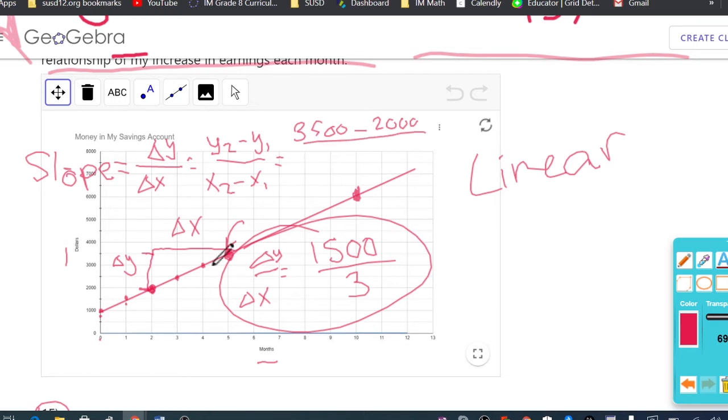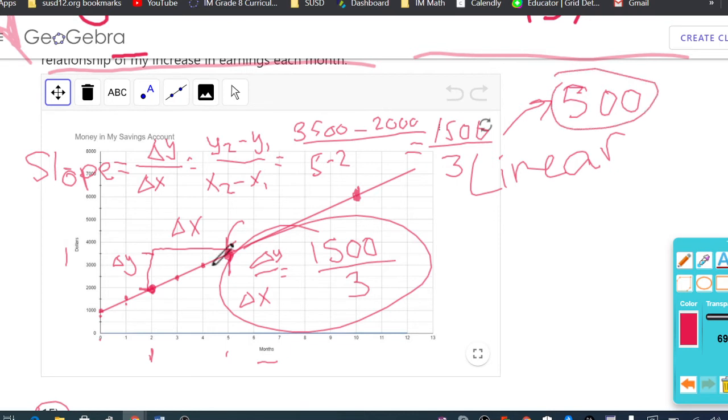Divide that by the change in x, or x2 minus x1. So x2 is 5, x1 is 2. So 5 minus 2. And then do the math. We get 1,500 divided by 3. And so the slope is 500. The slope of this line is 500.